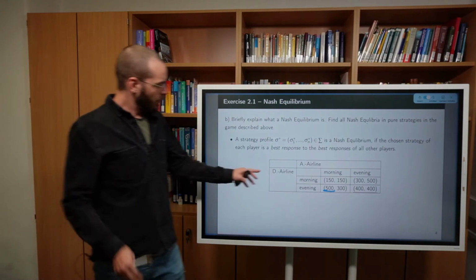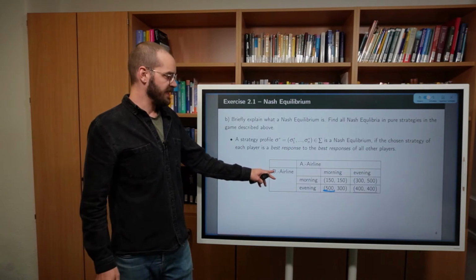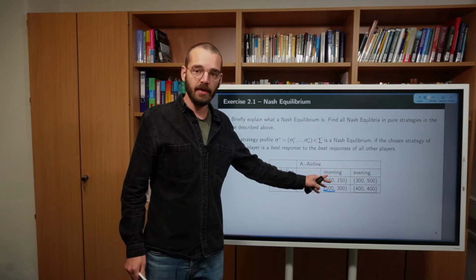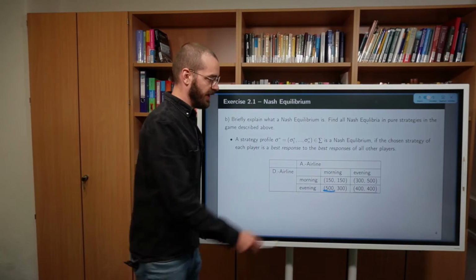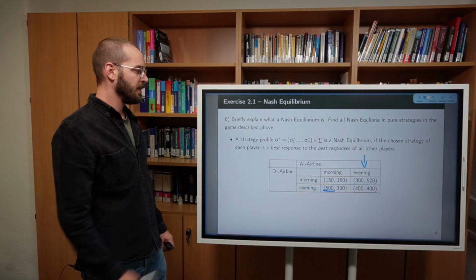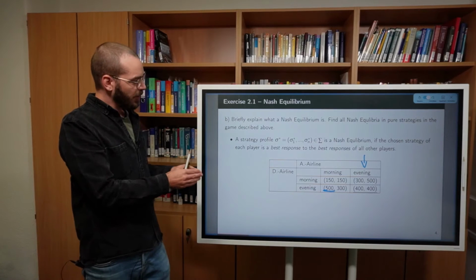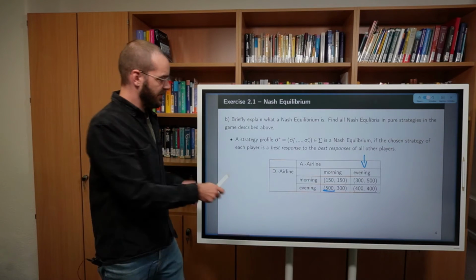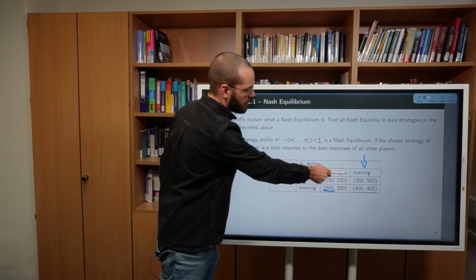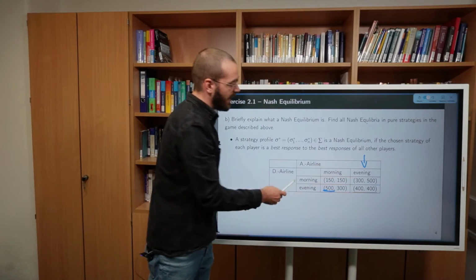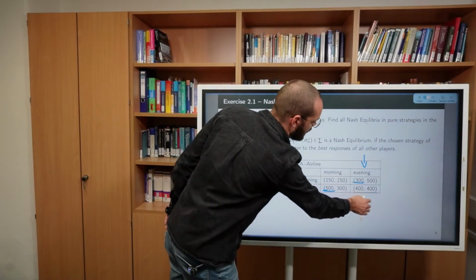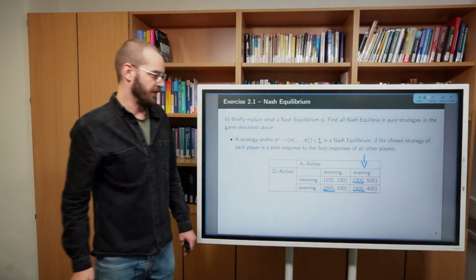Now let's find out what is the best response of the D airline in case A airline is not playing morning but instead is playing evening. All right, so we are now looking at the second column of this table. And again, if we want to compare the payoffs that the D airline receives in case A airline is playing the strategy evening, we again have to compare the numbers written first in the tuple. All right.